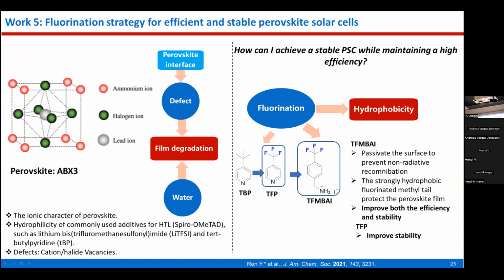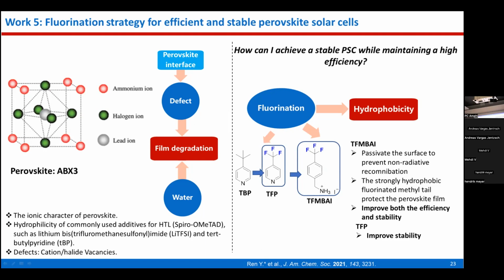So the last topic is, as we know, during the last decade, organic and inorganic perovskite solar cells have been a game changer in the photovoltaic field. But how to increase the stability of the perovskite solar cell has been the most challenging problem, which impedes its real application in the market.